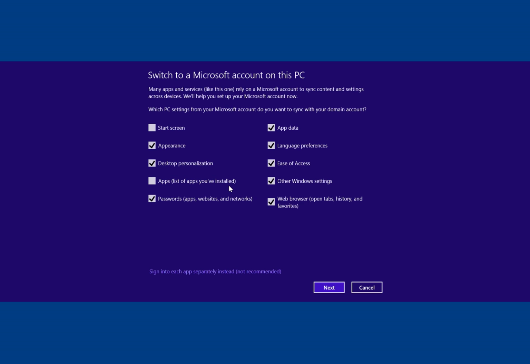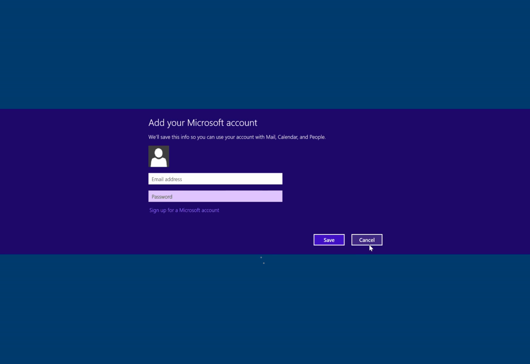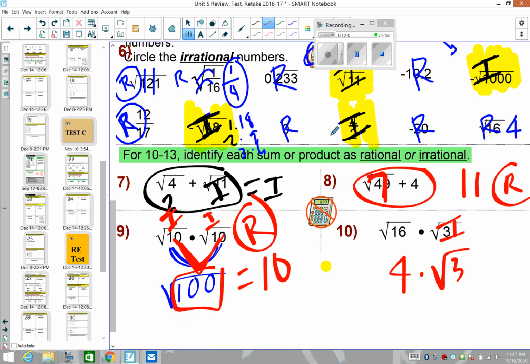I don't know where the screen went. Sorry about the huge delay there. I'm working off of a Surface and I lost the screen. It just went dead on me.